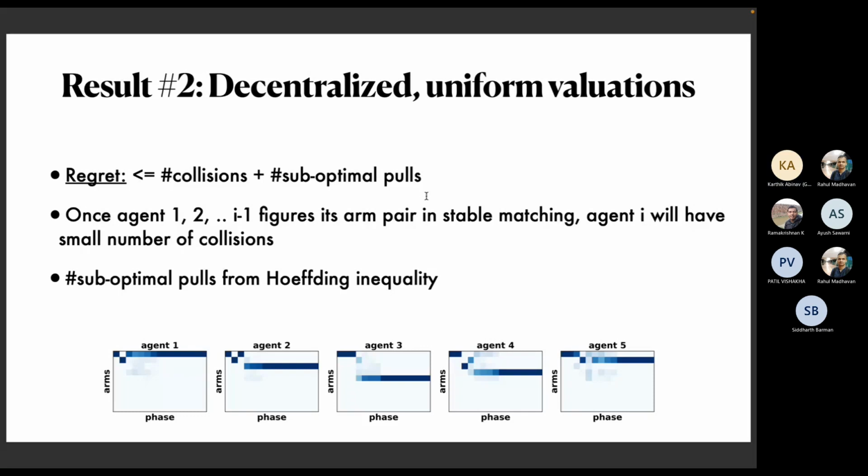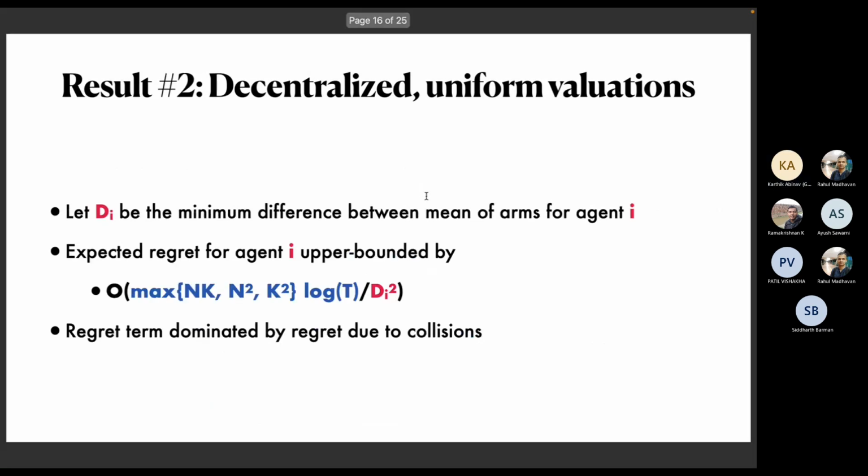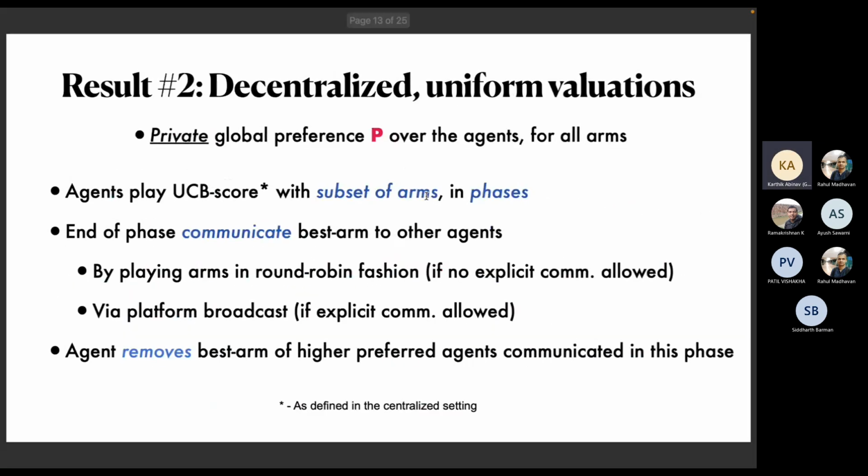Do you mean agents over the arms? No. So the uniform is only from the agents towards the arms, not the other way. And in fact it's not even numeric, it's just that the preference ordering is the same. The means could be different, it's just that they're ordered in the same way.